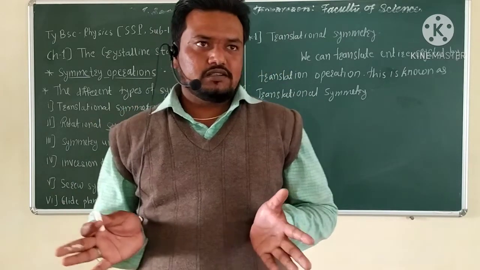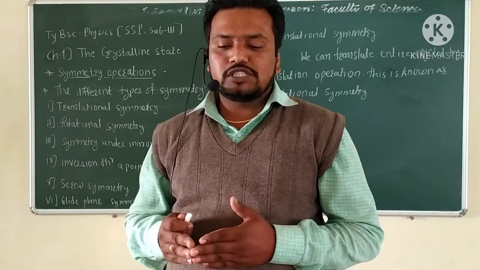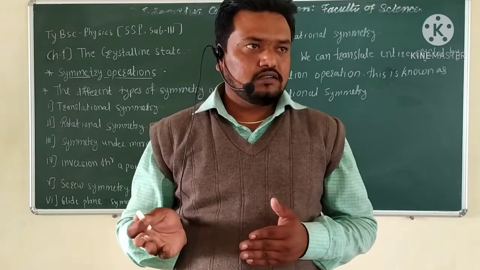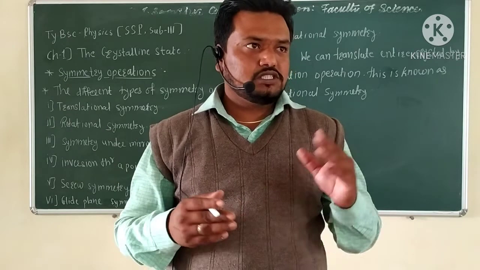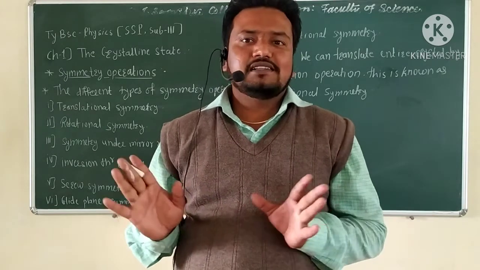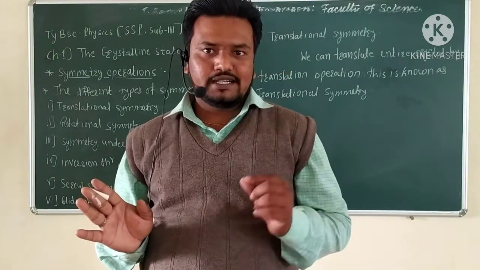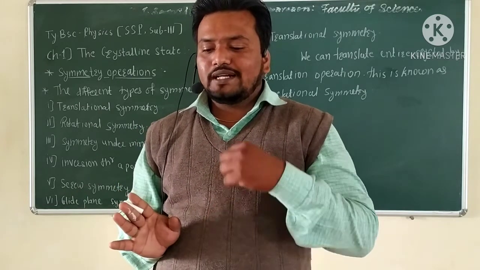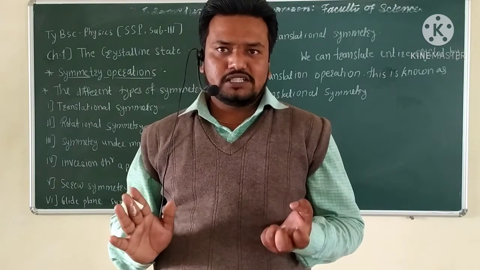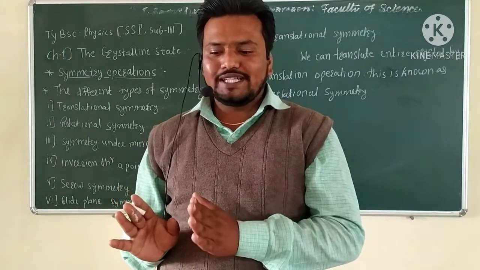If we consider a lattice point R, under the translation vector T bar it gives another vector point R prime. So R prime is equal to R bar plus T bar.